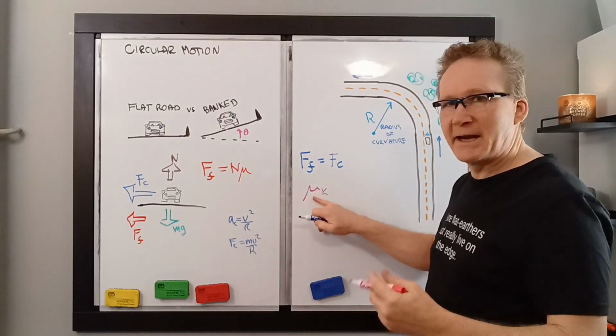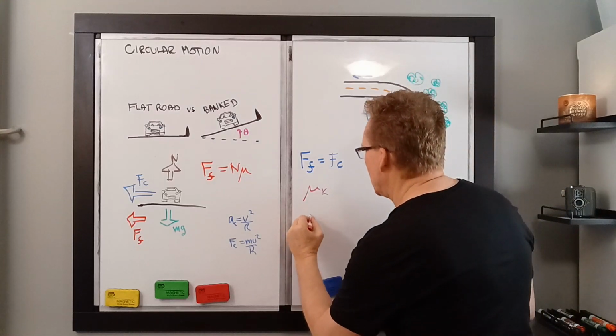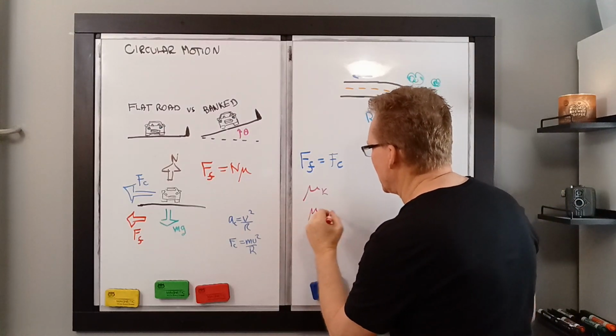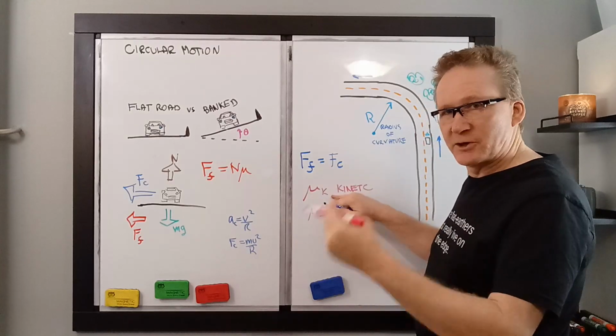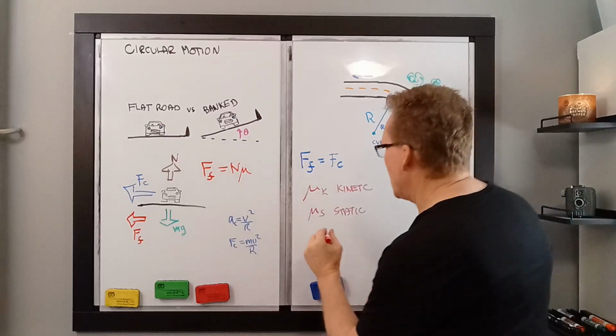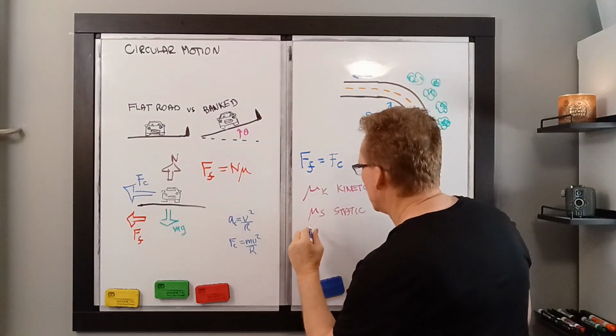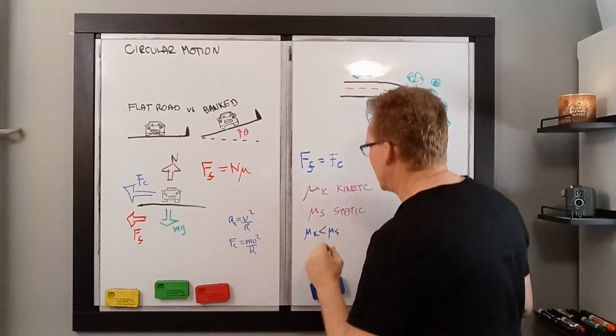This is called the kinetic, which means moving or slipping or sliding. And then there's another one, which would be the coefficient of static friction. The coefficient of kinetic friction, that is the friction where you're slipping, would be less than this because you don't have as much grip. So I'm just going to write that in here. Mu K is less than mu S in practically all cases.